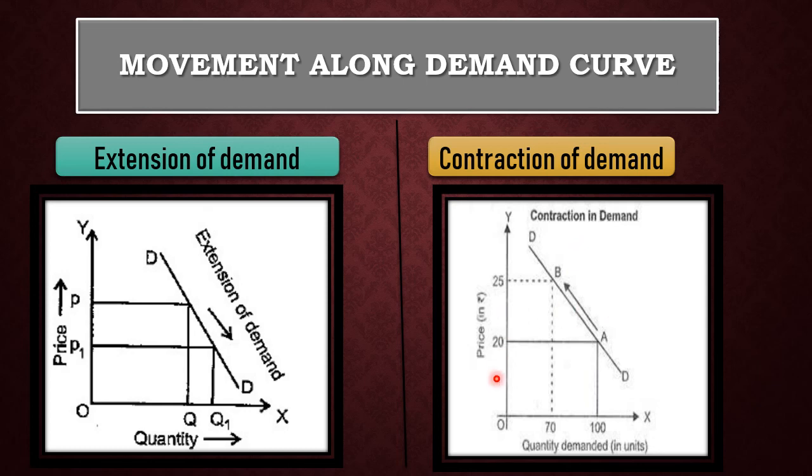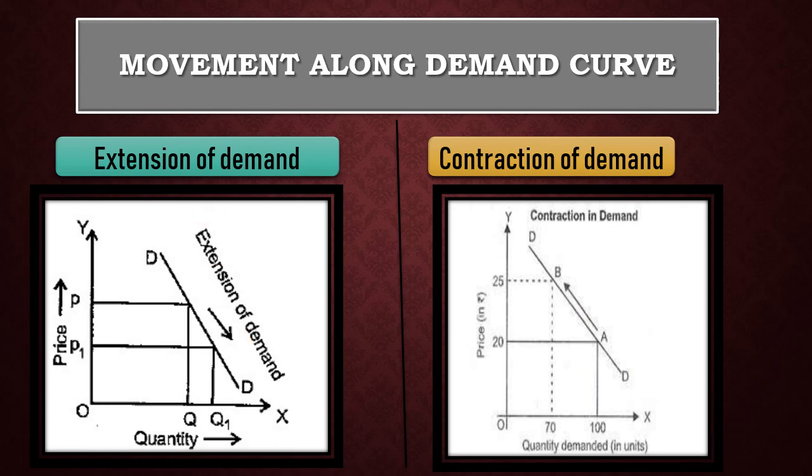Here just see, when the price was 20, the demand was 100, and when the price increases to 25, the demand of the goods falls to 70, and this is the case of contraction in demand. So the difference between the two diagrams is this arrow. In this case the arrow is upward, and in this case the arrow is downward.